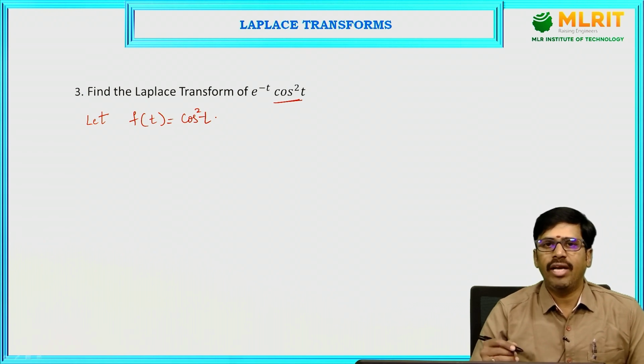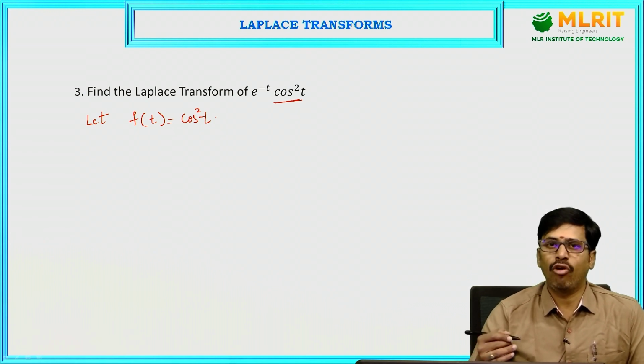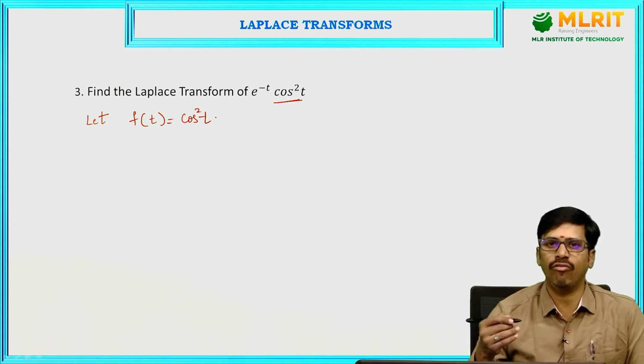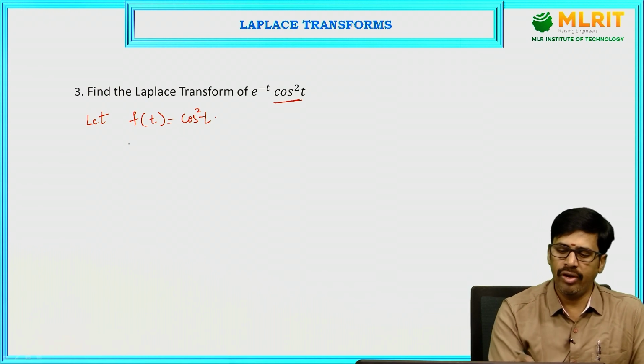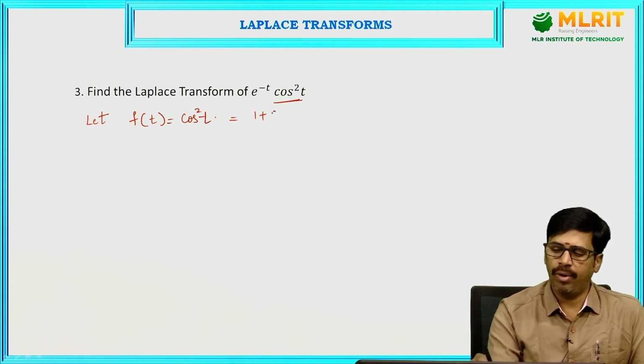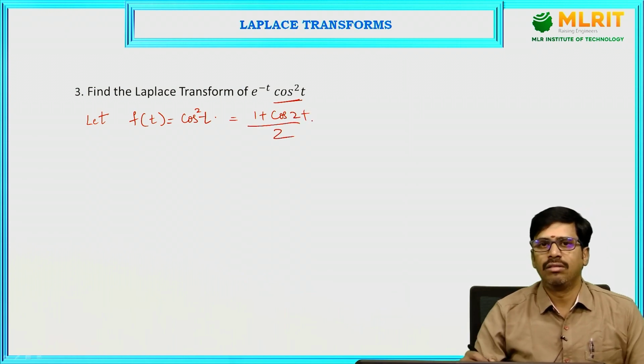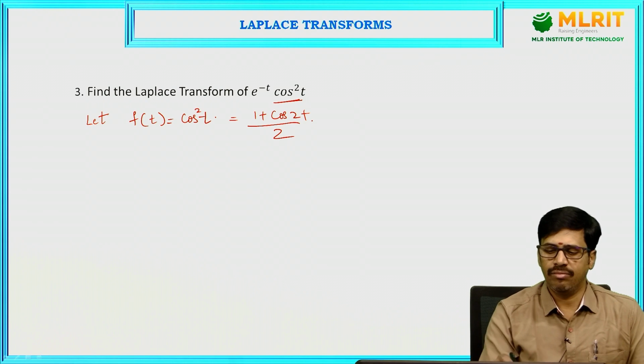We do not have any direct formula to find Laplace of cos square t. We have Laplace of sin t, Laplace of cos t, but we do not have a direct formula for cos square t. So, what we will do is, this can be written as 1 plus cos 2t by 2. We are just replacing the function cos square t with 1 plus cos 2t by 2.